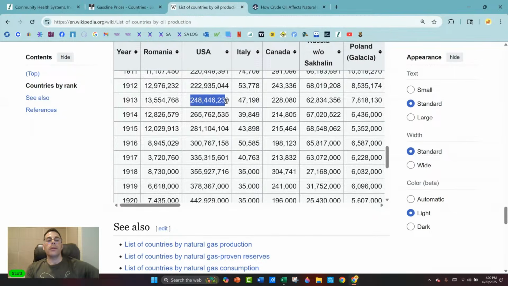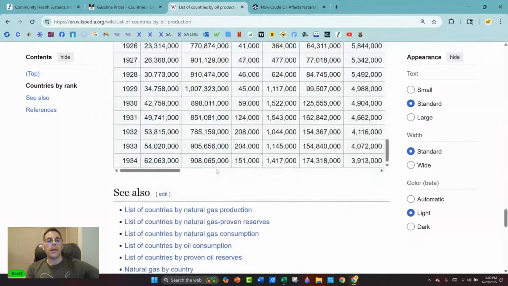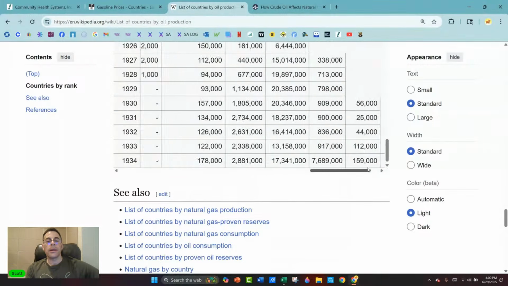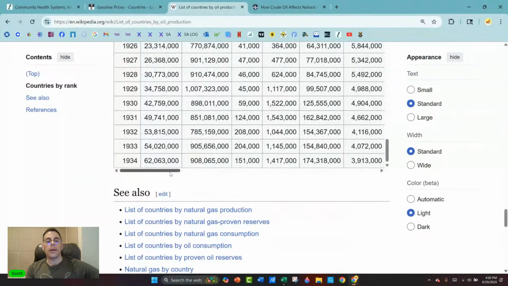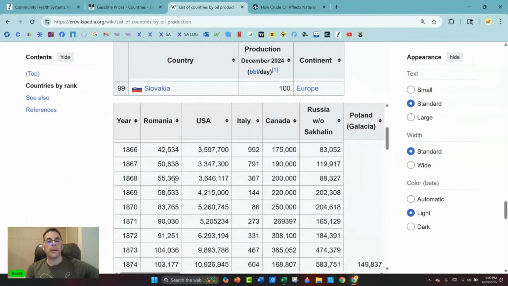But we started producing a lot more in the early 1900s. We've always been a big, rich country. This only goes up to 1934? Okay, I guess forget about it.